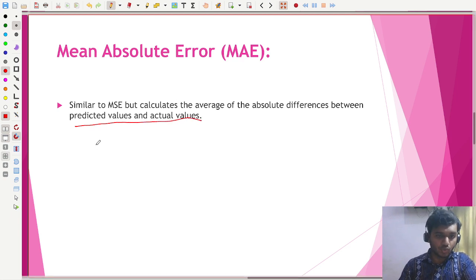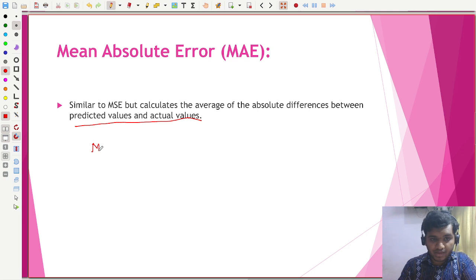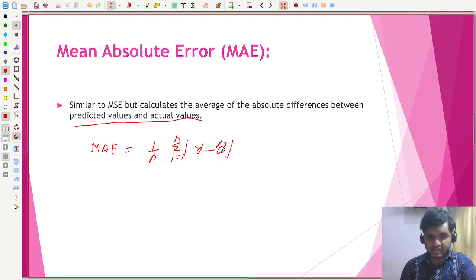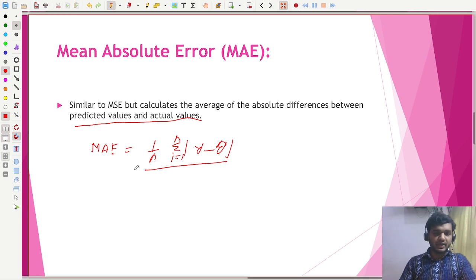Okay, so the formula of mean absolute error is 1 by n summation i equal to 1 to n, y, that is actual, minus predicted, absolute value. Okay, it is the formula of mean absolute error.